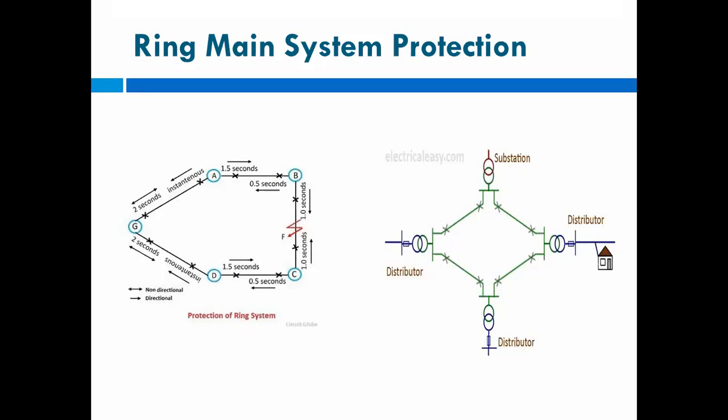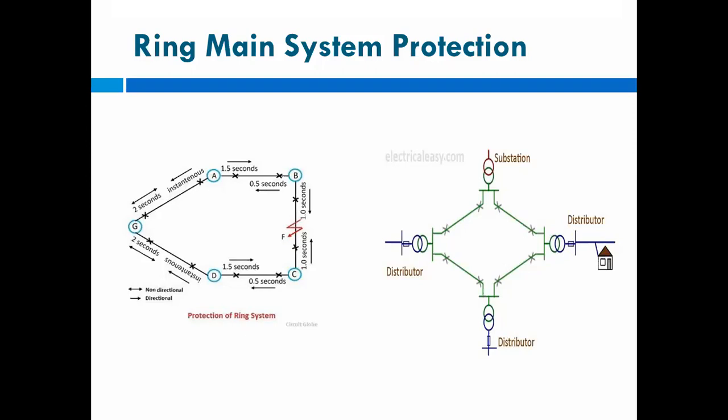The parallel, right? Now parallel feeders came. In parallel feeders, what we did? If one line fails to operate, the other line will operate, but the generating station is only one.